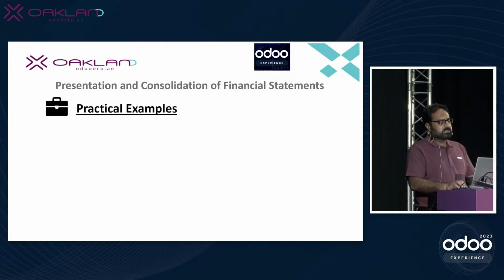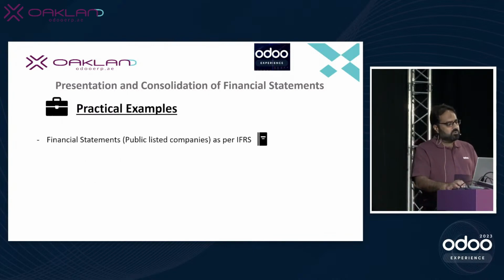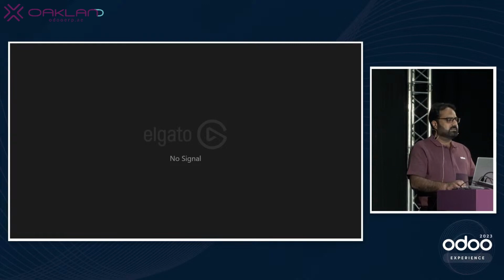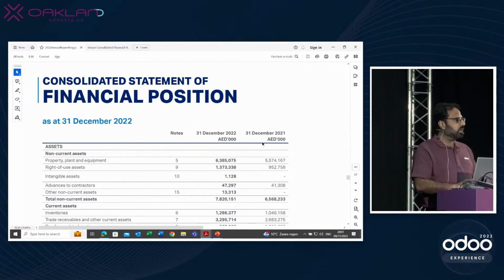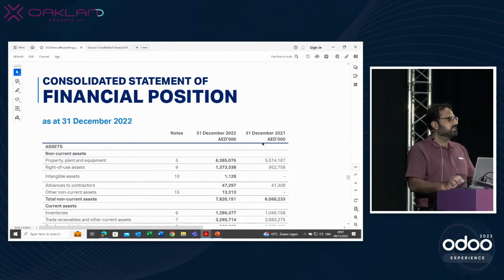Okay. So first of all, I take you to the financial statements of two public listed companies. And these public listed companies are following the requirements of international financial reporting standards. This is the financial statement of ADNOC, a public listed company in the United Arab Emirates.